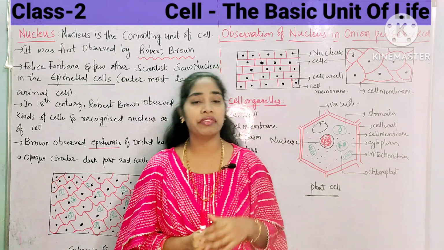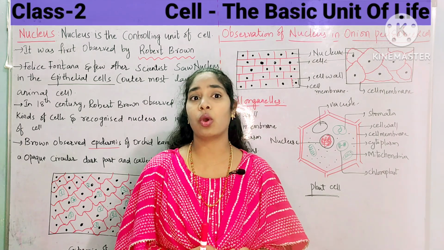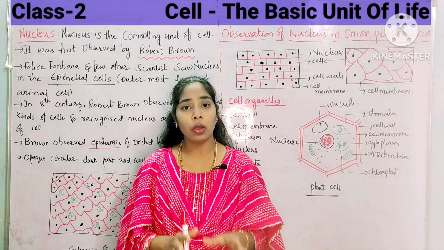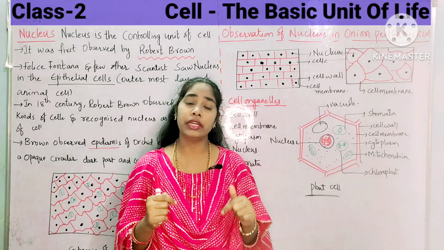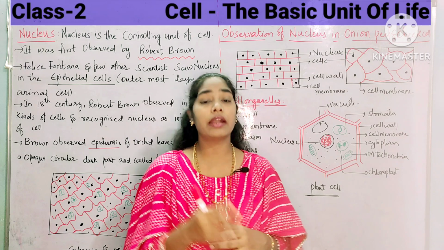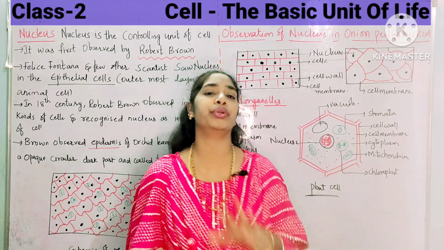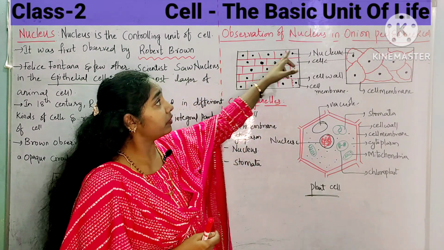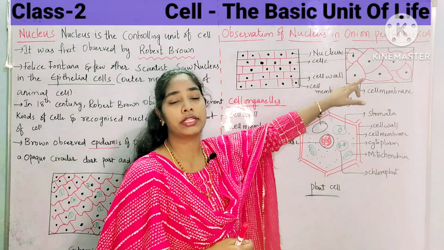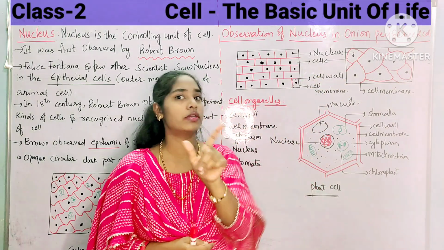The only difference is that in the last class we saw only the cell, whereas here a stain, like a dye or coloring agent, will be added to observe a dense particle, that is the nucleus. We want to observe the nucleus, not the cell.